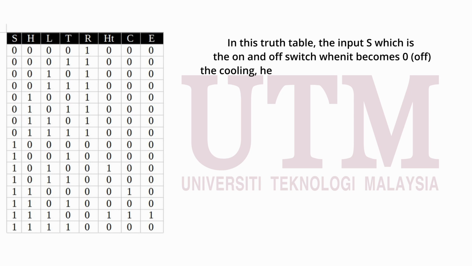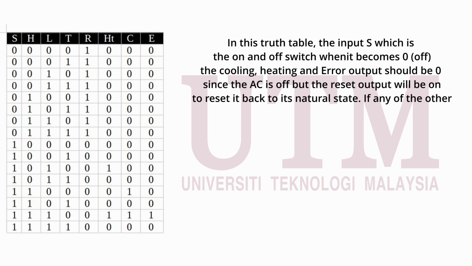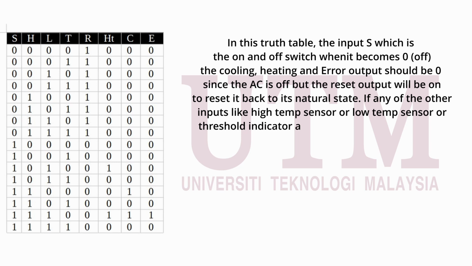In this truth table, the input S is the on and off switch. When it becomes 0, it turns off the cooling. Heating and error outputs should be 0 since the AC is off, but the reset output will be on to reset it back to its natural state.